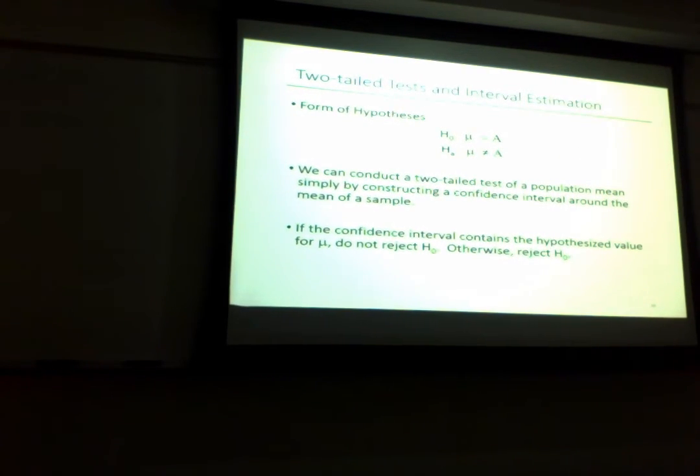Okay, two-tailed test, form a hypothesis, conduct a two-tailed test of the population mean simply by constructing a confidence interval. This is the first thing we did. Remember, I started off class by constructing a confidence interval. I said that if what the realtor says is true, that the average rent is $1,560, what would we get for our sample means 90% of the time when we test for sample mean?